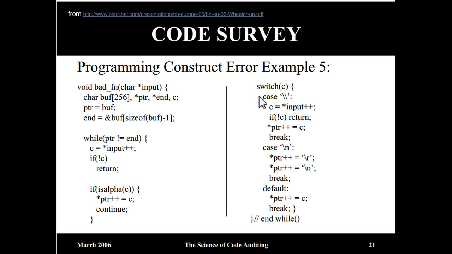The bug is an off by 1 error, in that it increments this twice. Now, this normally isn't a problem unless the character pointer is right at the end.